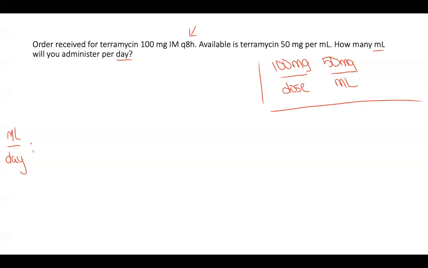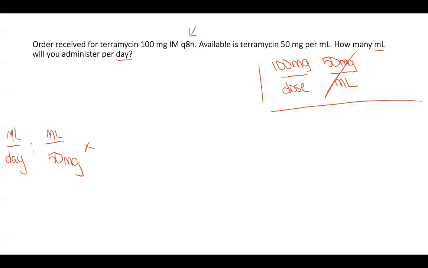Okay, so now let's start plugging into our problem. That's step 3, starting with what we're looking for. So we're looking for milliliters, so we need to plug milliliters in first. So I come up to my box and find milliliters. I have it, it's just in the denominator and I want it in the numerator. So I'm going to flip it and write it as milliliters over 50 milligrams.